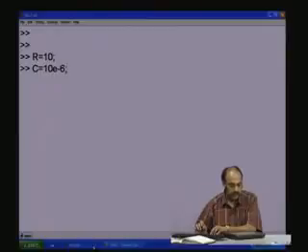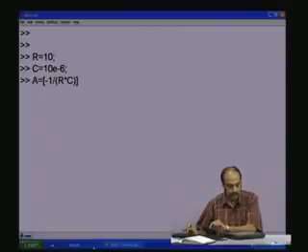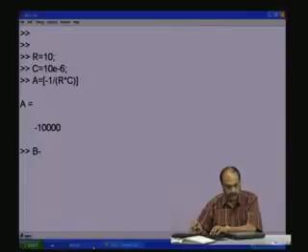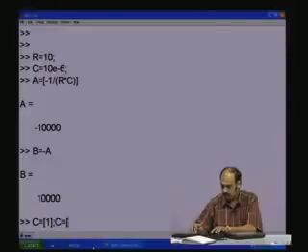Therefore, I am writing it as 10 E minus 6, and then the A matrix can be written within square brackets as minus 1 by R into C. This would be the A matrix, and the B matrix is nothing but the negative of the A matrix, and of course the C and the D matrix are very trivial, and the D matrix is 0.